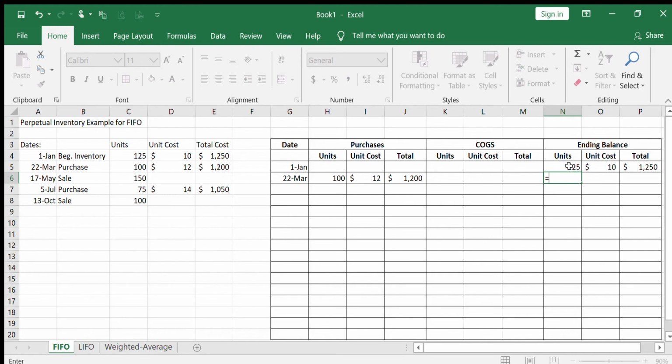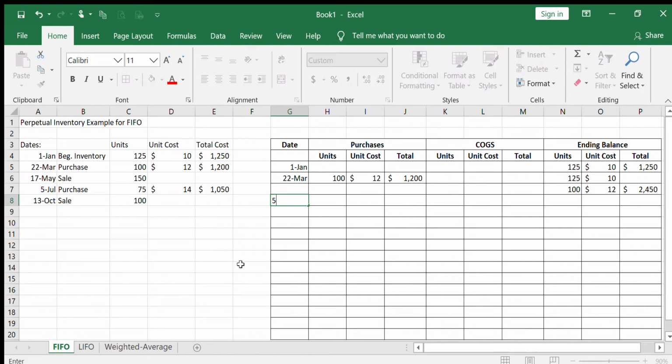So we're going to bring down our beginning inventory, and then we are going to add our purchase, and then we are going to give a total. So we're going to add from our beginning inventory cost, which is the $1,250, and we're going to add that to our purchases, which is $1,200, and that will give us $2,450. So that is the amount of inventory that we have at the moment in terms of a dollar amount.